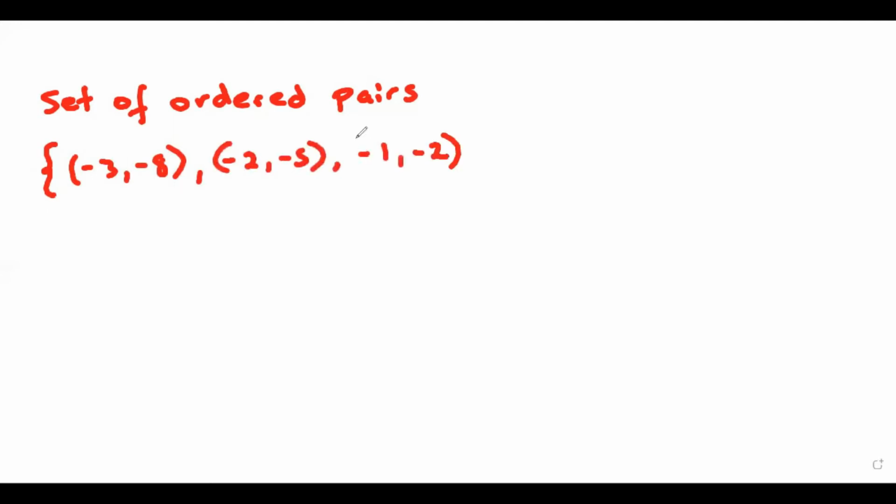So now we have the set of ordered pairs. A while ago we had -3 corresponding with -8. So that means the set of ordered pairs is going to be -3, -8; -2, -5; -1, -2; 0, 1; 1, 4; 2, 7; and 3, 10.